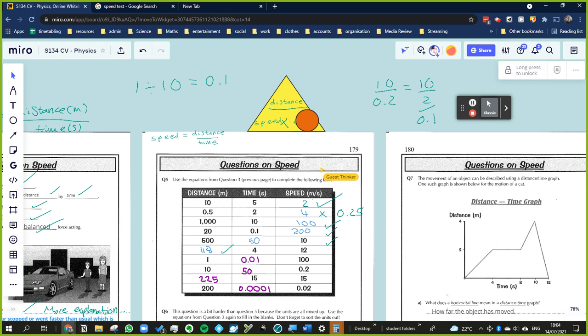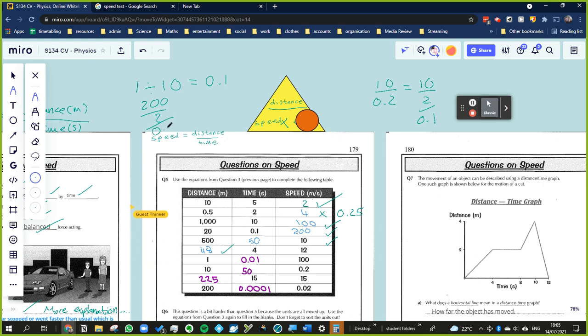we can say 200 divided by 2, then divide that by 0.01. 200 divided by 2 is 100. When you divide something by 0.01, it's the same as multiplying by 100, because 0.01 is a hundredth, so dividing by a hundredth is the same as timesing it by 100.